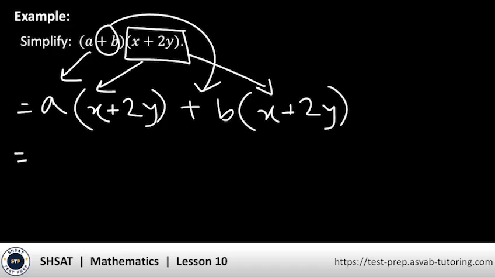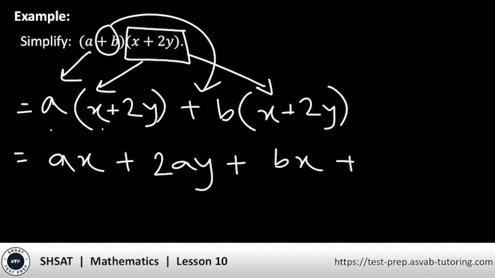Now, if you break the parentheses, yeah, that's a times x, that's just ax, a and 2y, so that's 2ay, b and x is bx, 2b and y, that's 2by. You can keep your answer like this because since there are no numbers here, we cannot do any additions and subtractions.